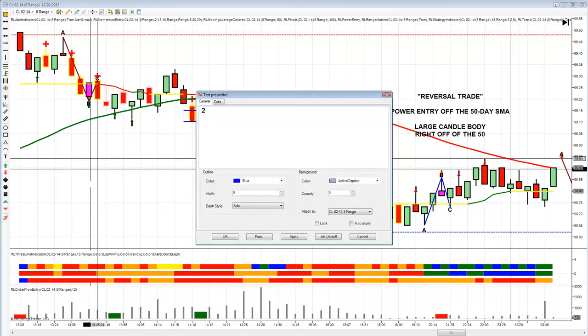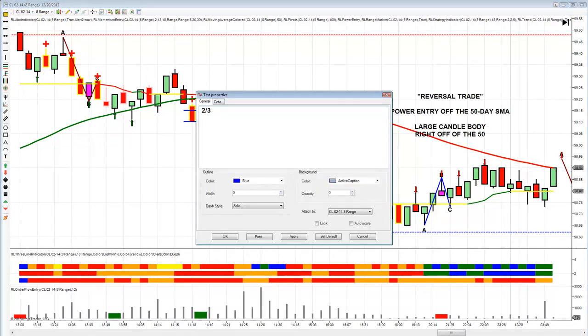And these are anticipatory breakout signals that really work great.